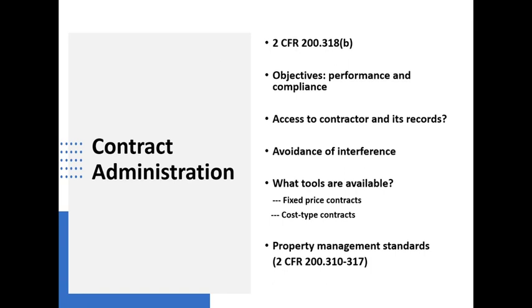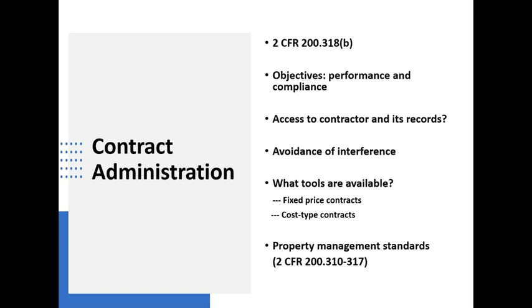So, one thing that you should expect is that you would have access to the contractor and its records to determine the degree to which they've adhered to the terms and conditions. That access, however, should avoid situations where you are interfering with their performance.